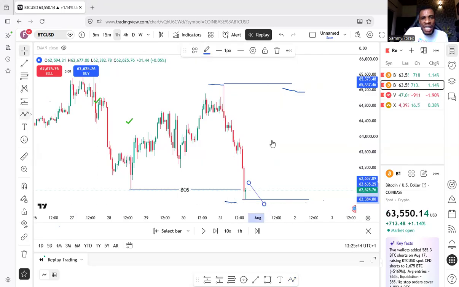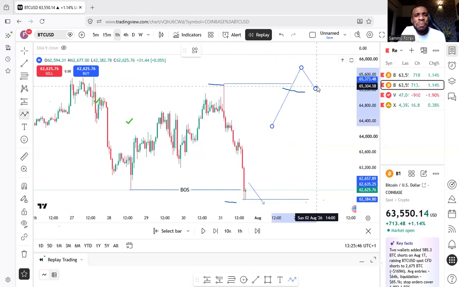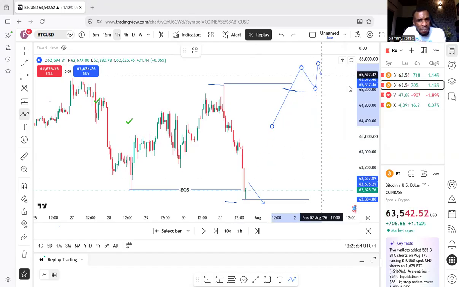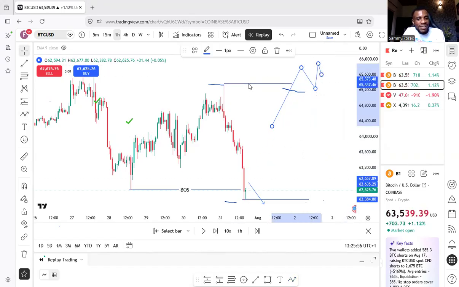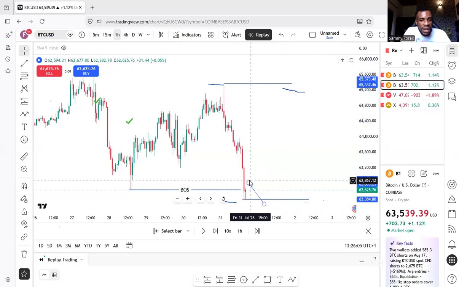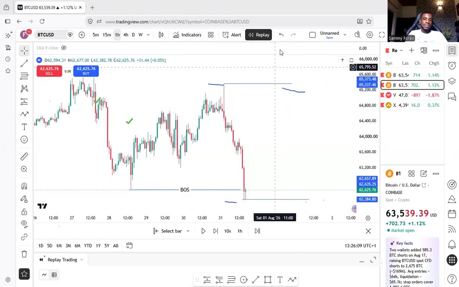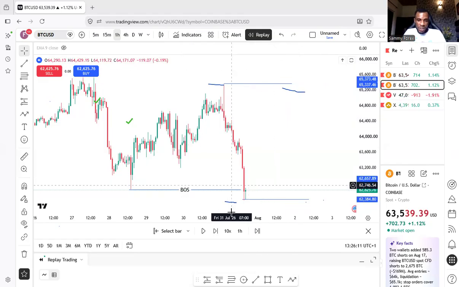If price does not break out from this side, there's no market structure shift yet. So any liquidity located outside this range is what we call external range liquidity.